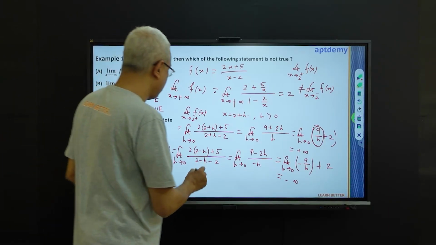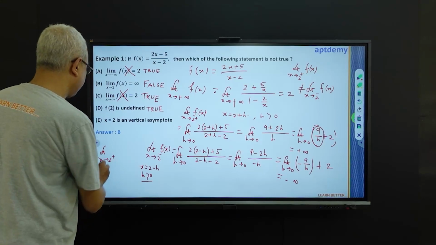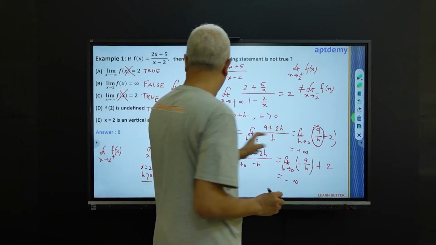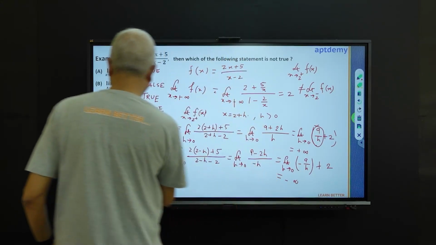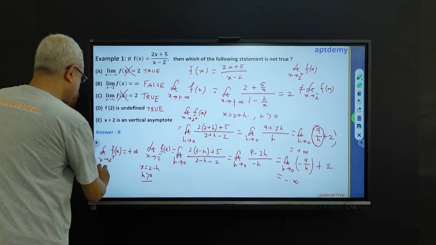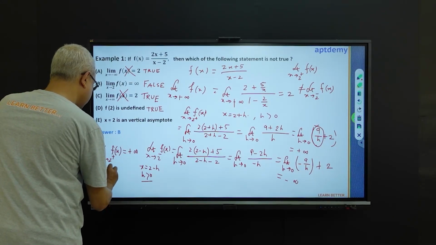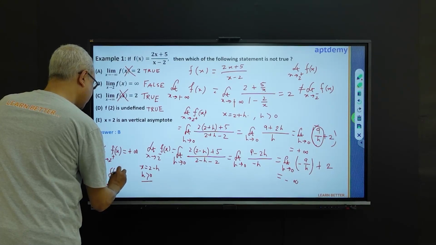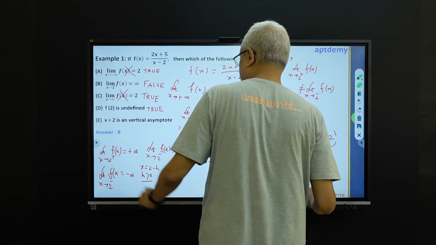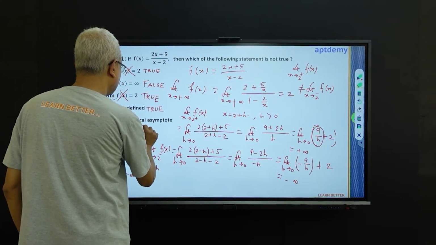We have already seen that one side limit is positive infinity, and limit x tends to 2 negative f(x) is negative infinity. So at x equal to 2, the function has a vertical asymptote. So this is also true.